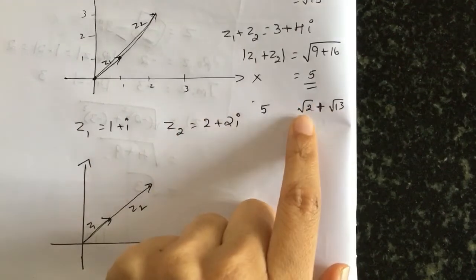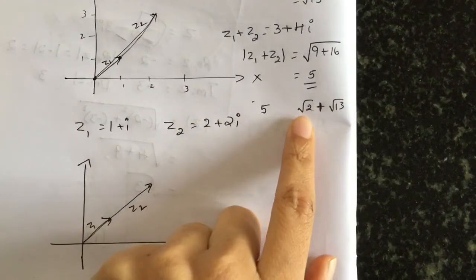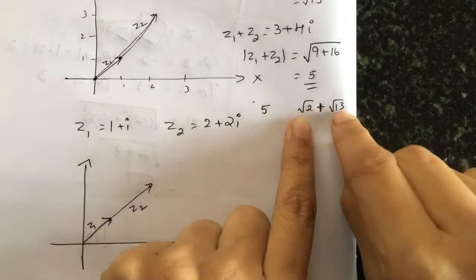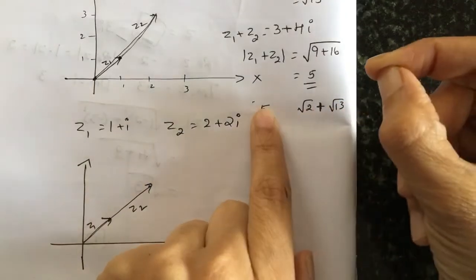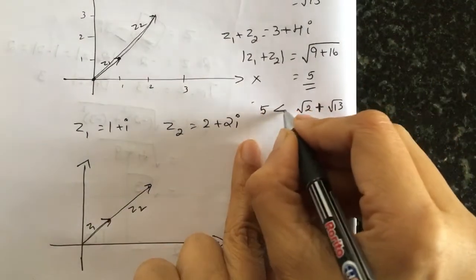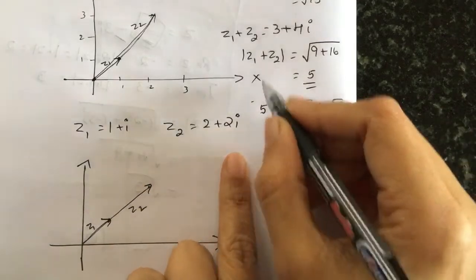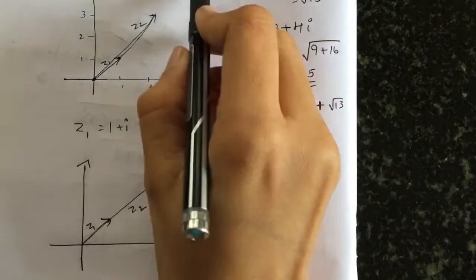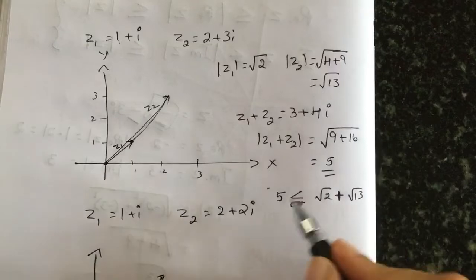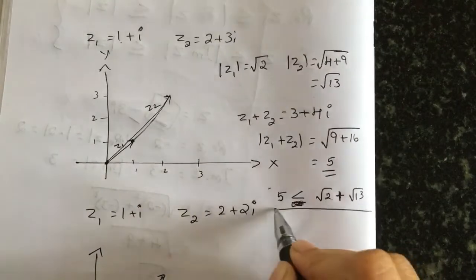And root 2 is 1.414, that we know. So the sum will be slightly more than 5. So in this case it's of course less than this, if they are not collinear. So this was the observation.